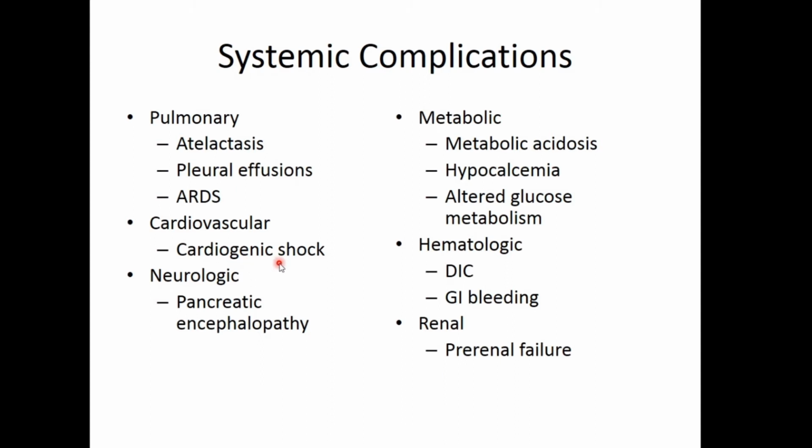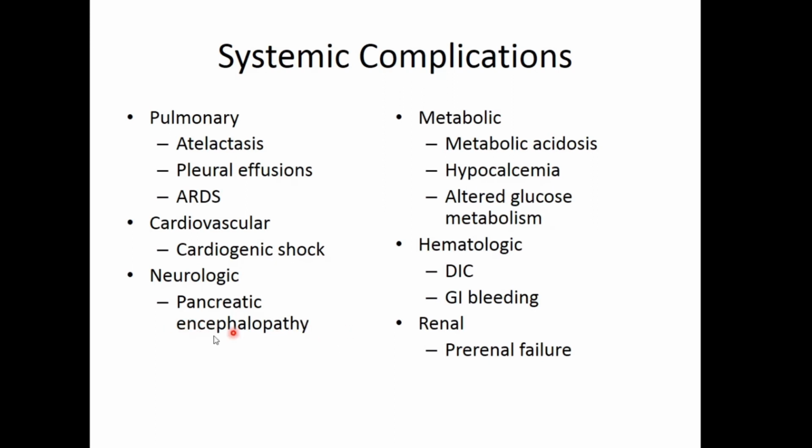When we say cardiogenic shock, that basically means the cause of the shock is the inability of the cardiac pump to do its function normally. The myocardium gets depressed, so the heart is not able to maintain the cardiac output and the stroke volume, and that is the reason why the BP drops. You can also have some neurological changes.